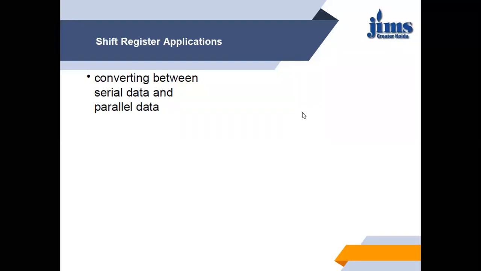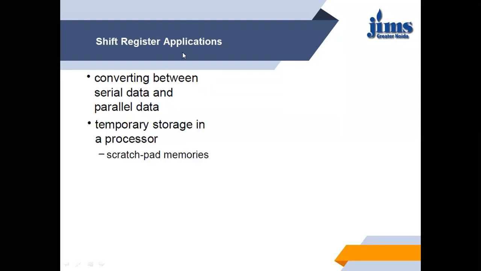Again, when the data in the USB is stored into the computer, then it is serial to parallel conversion. So shift registers are used for serial to parallel conversion and parallel to serial conversion, as we have discussed in case of multiplexers and demultiplexers.